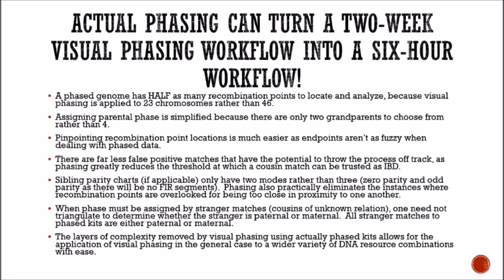Number 2, assigning parental phase is simplified because there's only 2 grandparents to choose from rather than 4. If you're looking at only one copy of the chromosome, you're eliminating data from 2 of those grandparents. So you don't have to decide whether it's grandpa, grandma 1, grandpa or grandma 2. You just have one set of grandparents, and there's less choices, so there's less confusion. Let's say both your paternal grandfather and your maternal grandmother were Polish.